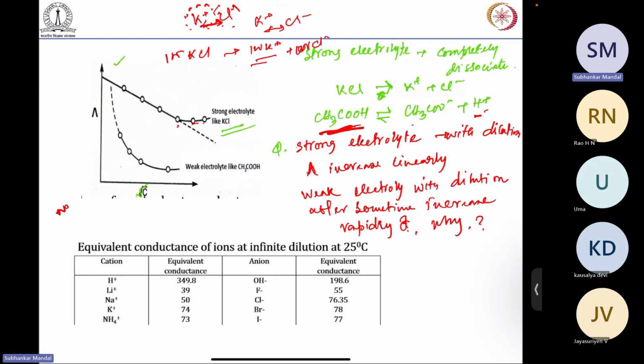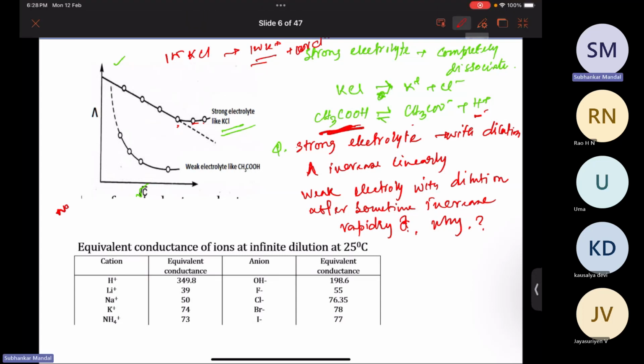So in a weak electrolyte, with dilution, the number of ions increases.